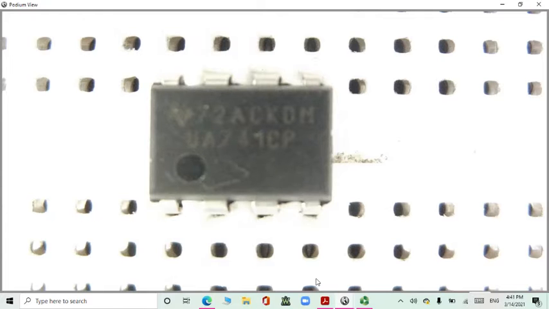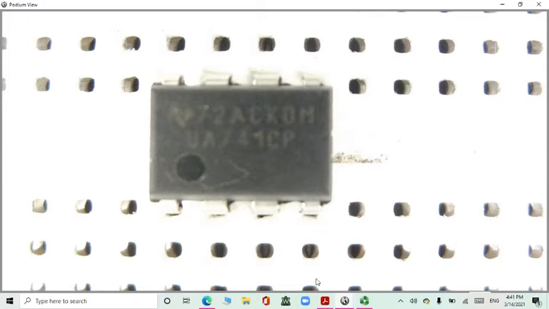Usually it is used to calibrate our op-amp if it has offset, but it's out of our box. So pin number 1 and 5 are out of our box.